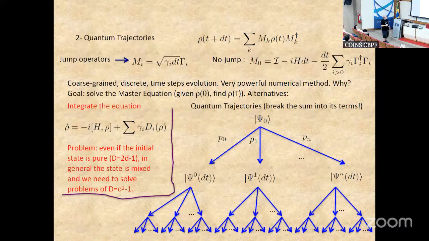So now I'm talking about discrete time step evolution. So instead of having a continuous time evolution now, I'm discretizing time in small time steps dt. How small? These time steps have to be much smaller than 1 over the gamma rates, the rates at which I couple to my reservoir.